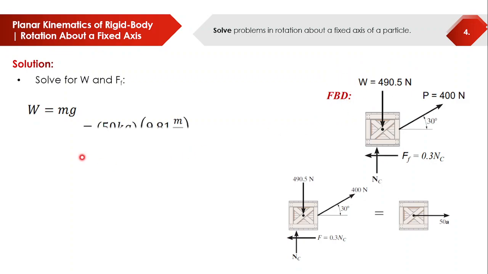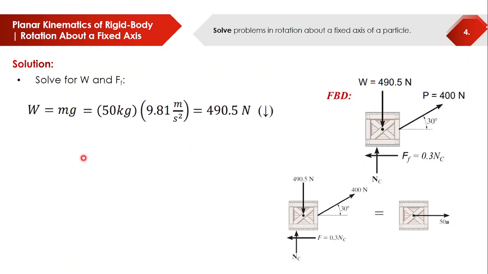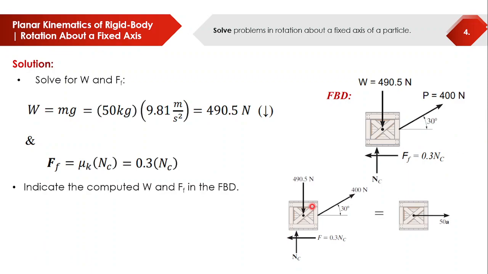So that will be mass times gravity, so 490.5, so indicate natin. Okay? Next is the frictional force. That will be 0.3 times the normal. Yan, na-indicate na rin natin. So that is the second procedure para masolve ang problem na to.